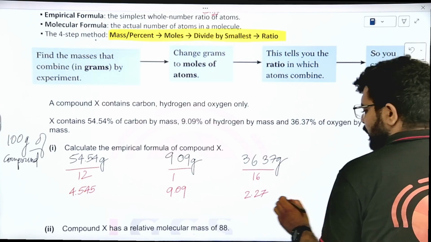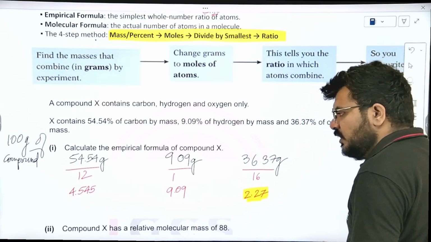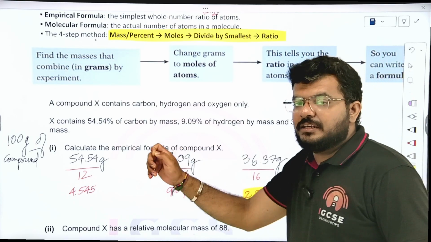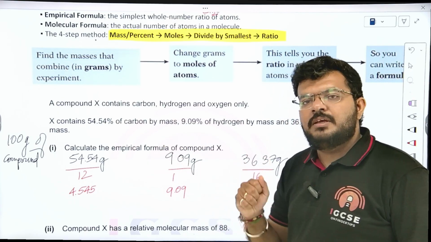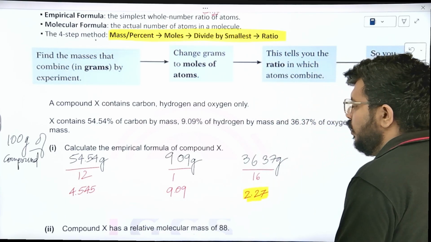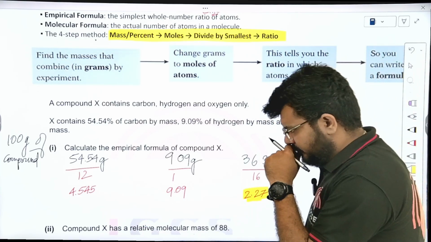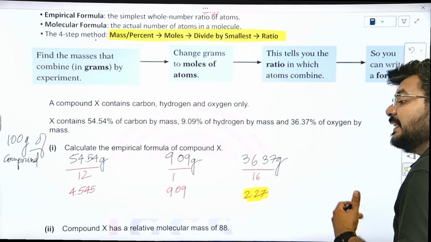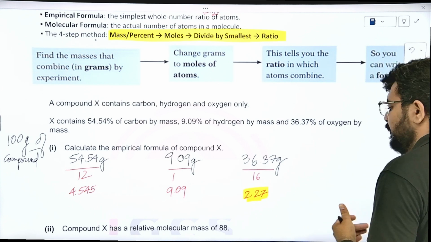Now identify which is the smallest number. This is the number of moles of each element in the compound. From this I can find out the empirical formula, the ratio in which these elements have combined.